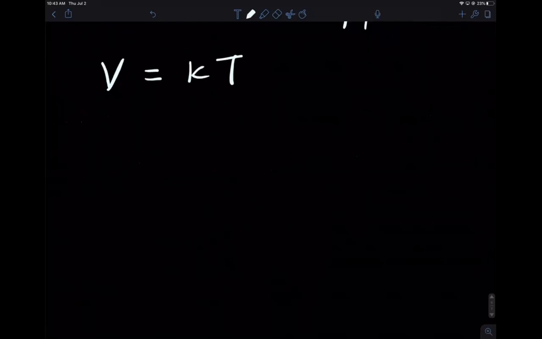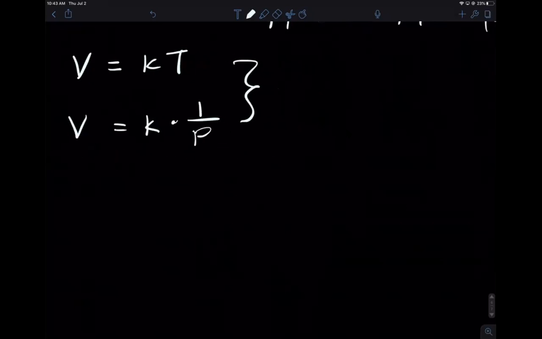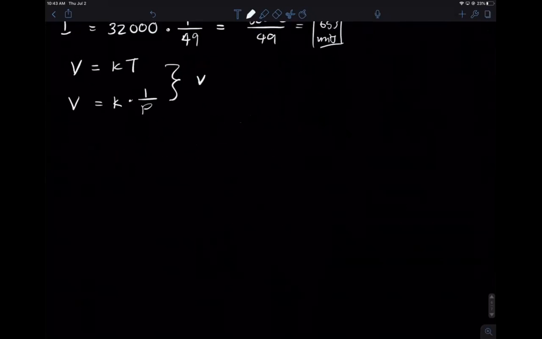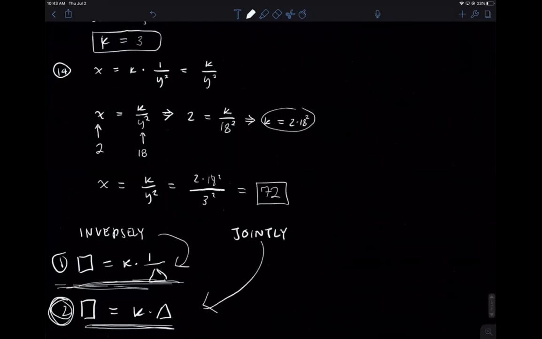And if V is inversely proportional to P, how would we write that? 1 over P. Right, K times 1 over P. Basically, all you have to do is combine these. It's kind of like the first problem you were asking about, where something varies jointly.